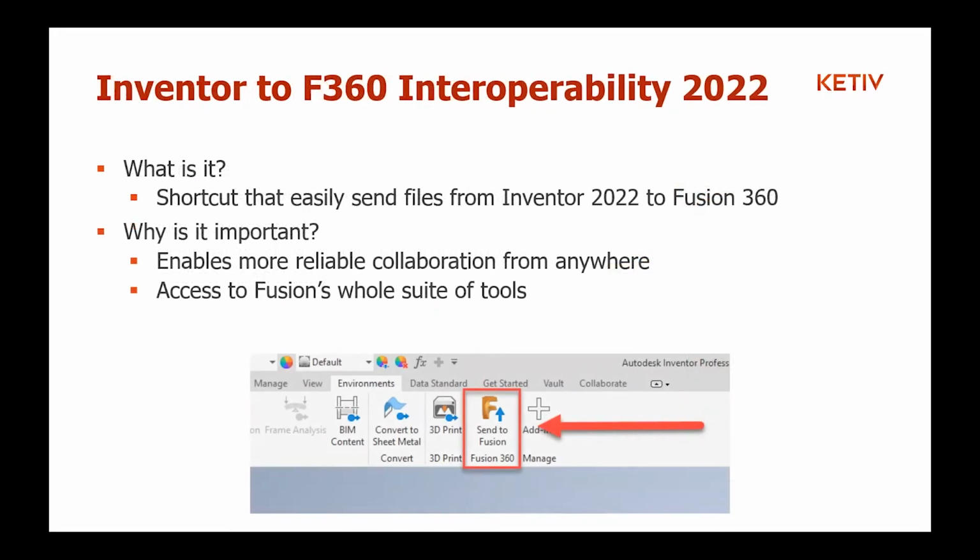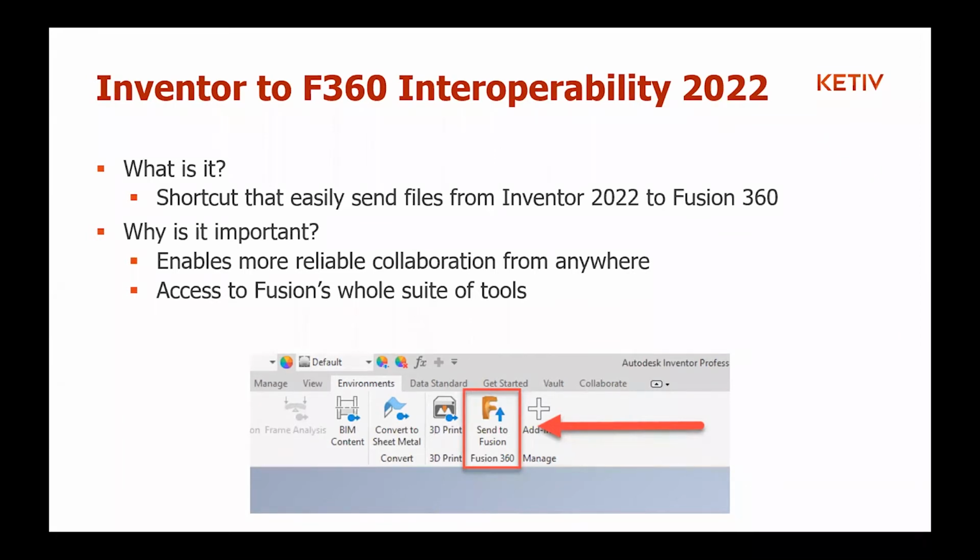Okay, so this Inventor to Fusion interoperability tool, what is it? It's the button, as you see there at the bottom of the screen, that allows you to easily send part files from Inventor Professional 2022 to Fusion 360. Why is it important?